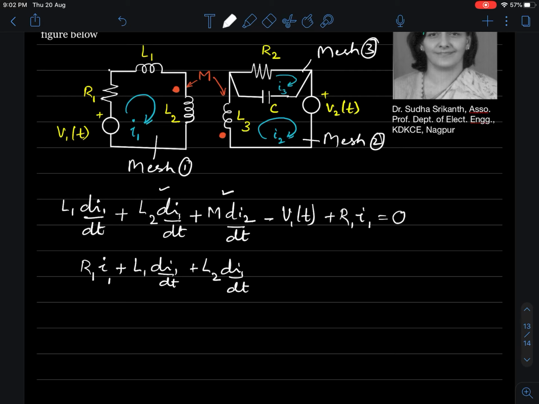This is one set of terms. And there is another term, plus M into di2 by dt, equal to V1 of t. This is my one equation.